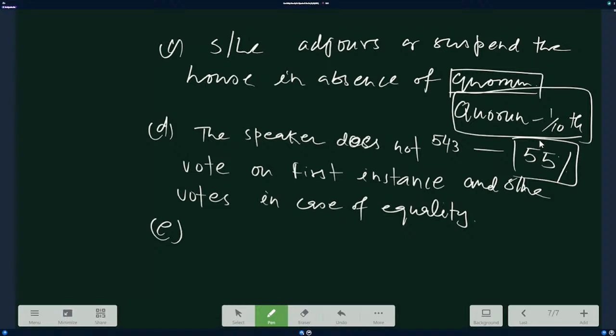What did you write? Point E? The Speaker presides over the joint sitting of the house. Such a joint sitting is summoned by the President.